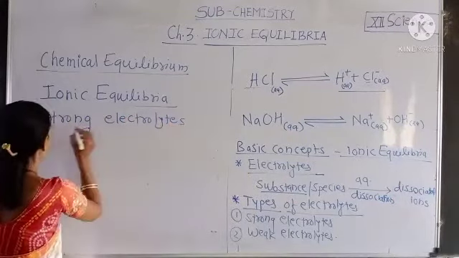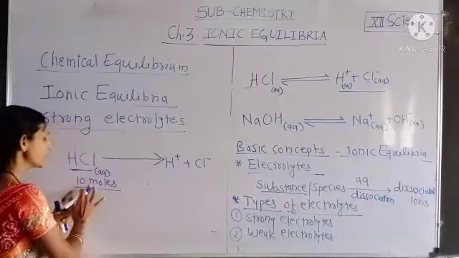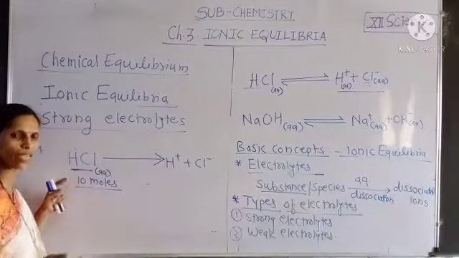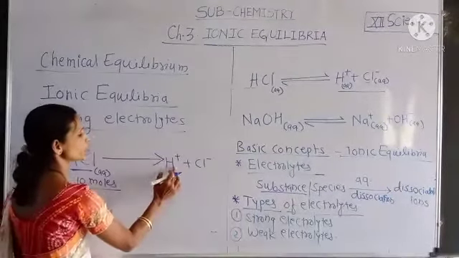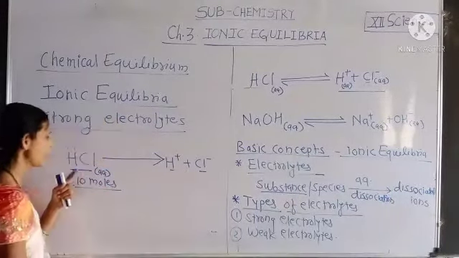Complete dissociation is shown by a full arrow pointing towards the ions in the forward direction. Suppose 10 moles of HCl are dissolved in a given amount of water, then almost all 10 moles, or maximum moles, 9 moles, 9.2 moles, 9.5 moles, 8 moles, get dissociated into H plus and Cl minus ions.